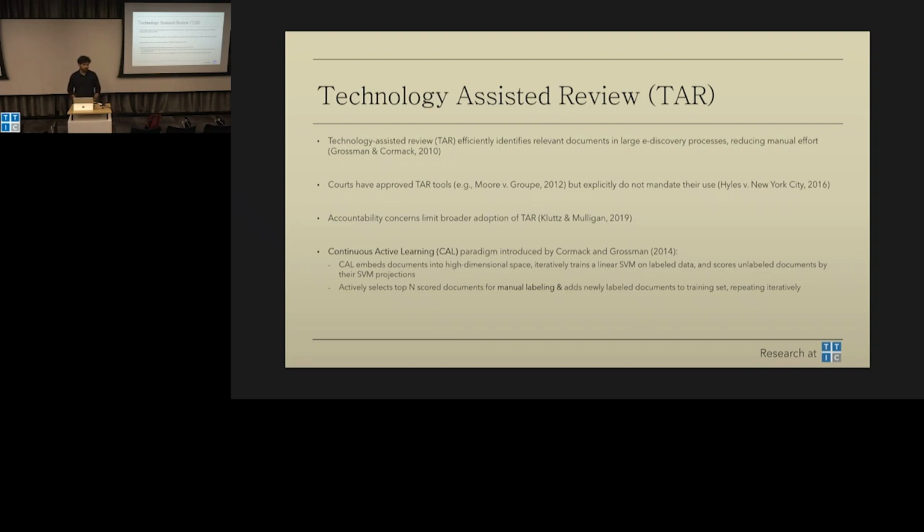So manually label the most relevant N documents, and then repeat this procedure iteratively until you've gone over all the documents. And the issue here is that again it requires manual review, so it doesn't get rid of this accountability concern. And that is one of the things that was pointed out here, that seems to be a big bottleneck to adopt this technology.